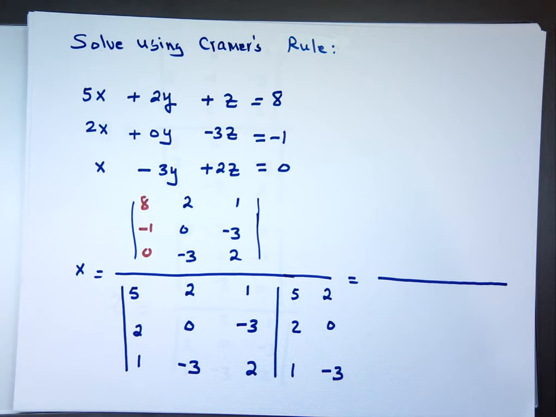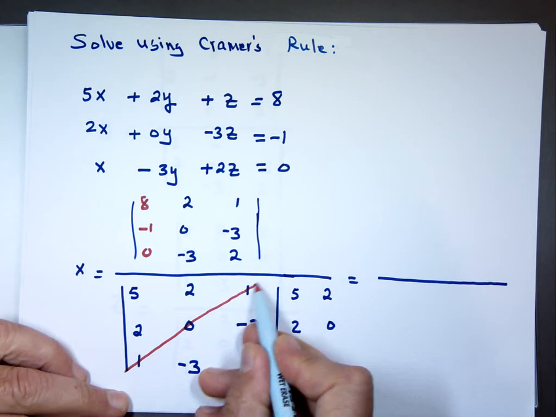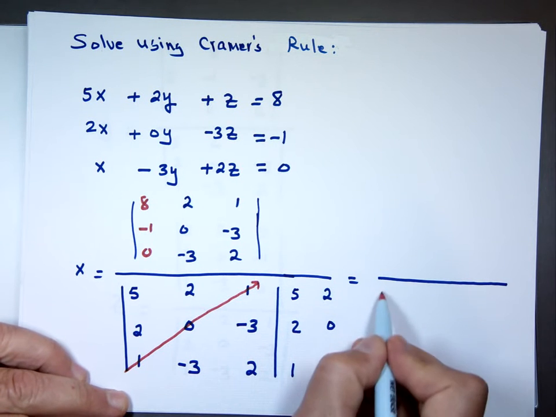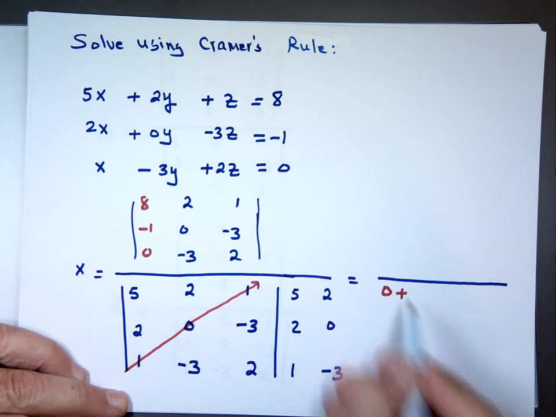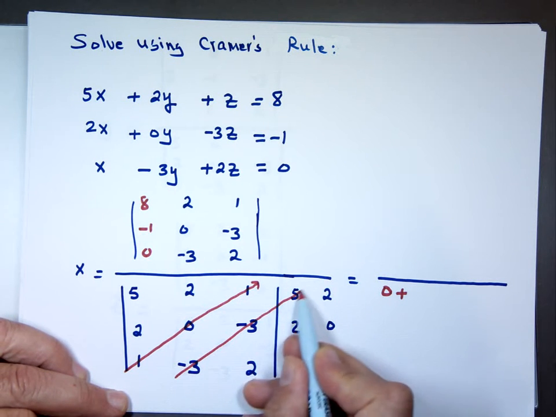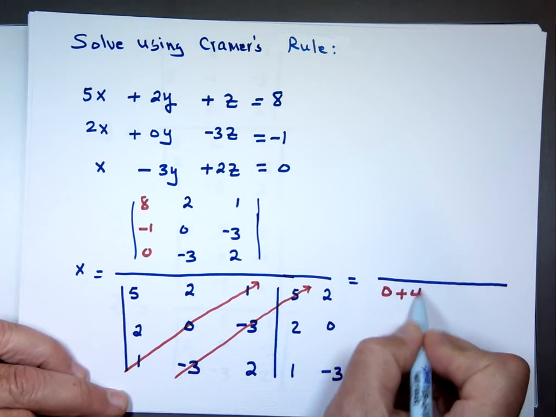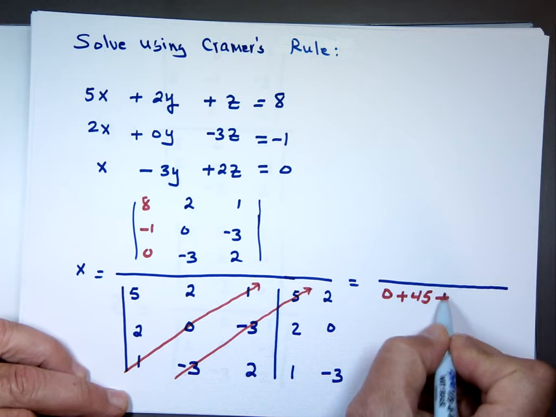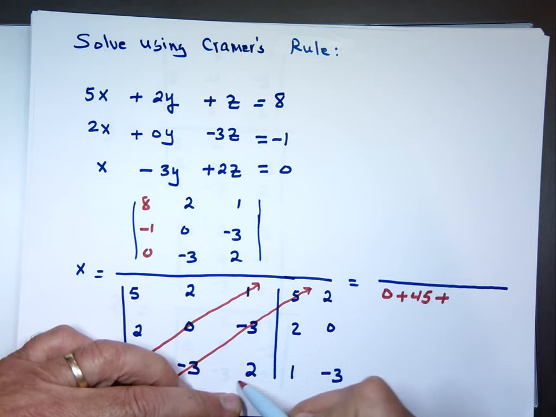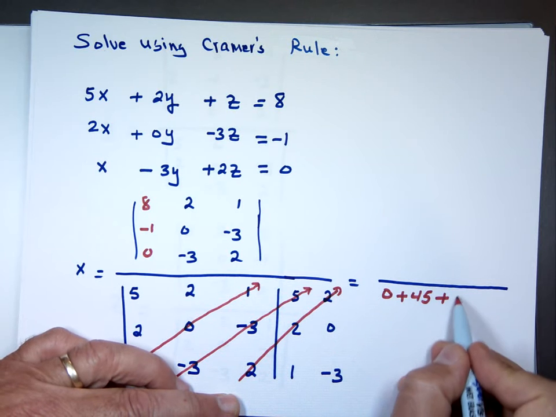And let's multiply. 1 times 0 times 1. 0 plus this column, or this row here. That's 9 times 5, 45. Plus 2 times 2 times 2, is that 8?